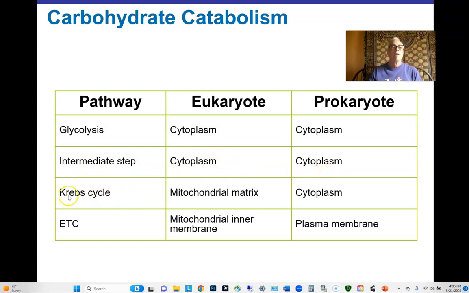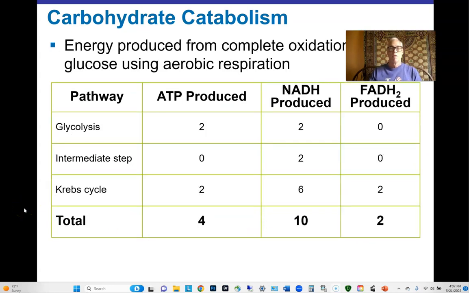But then all the Krebs cycle enzymes and chemicals and intermediates are inside the mitochondria, the so-called mitochondrial matrix in eukaryotes, but in the cytoplasm of prokaryotes. And where's the electron transport chain? Inner mitochondrial membrane and in the plasma membrane of bacteria, as we mentioned in the last session also.